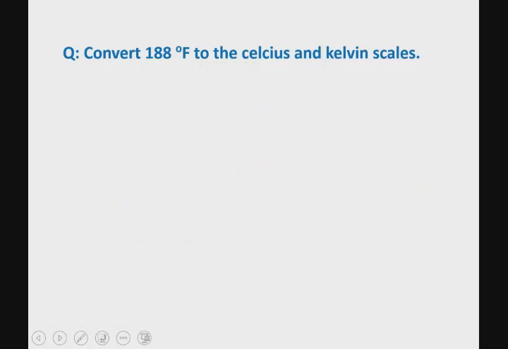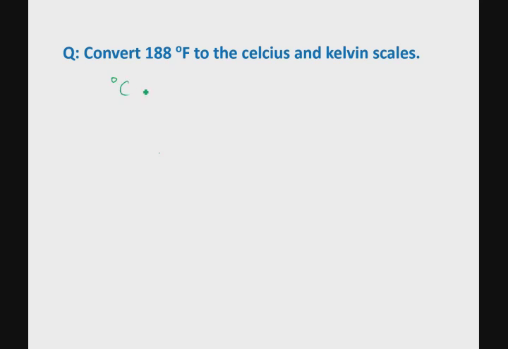Okay, so let's use these formulas to convert 188 degrees Fahrenheit to Celsius and Kelvin scales. Now, do remember that there is no direct relationship between degrees Fahrenheit and Kelvin. You have to go through Celsius anyways. So let's convert degrees Fahrenheit to Celsius.